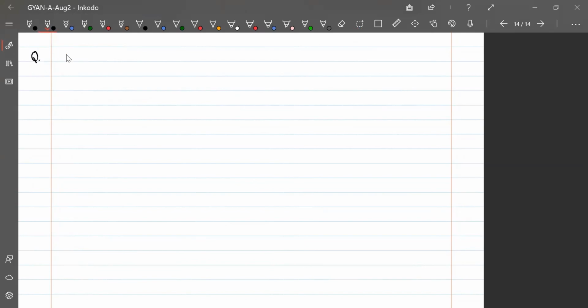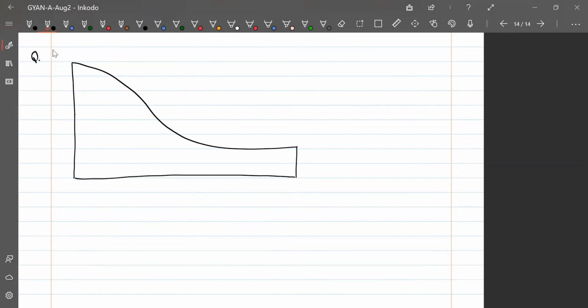Okay, let us do a question based on what we have learned. Suppose a block is sliding down from point A to B. This height is 5 meters. This is 10 meters.